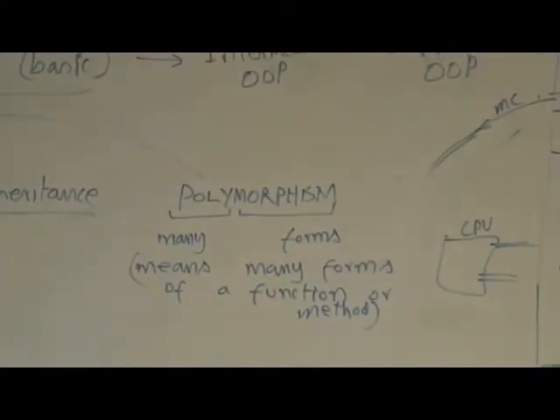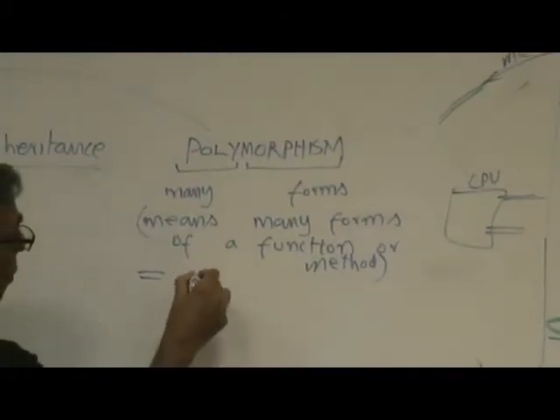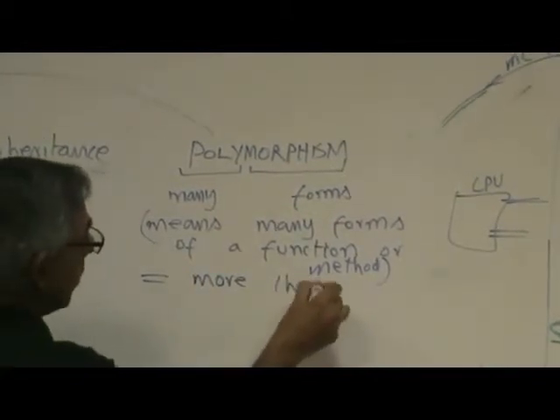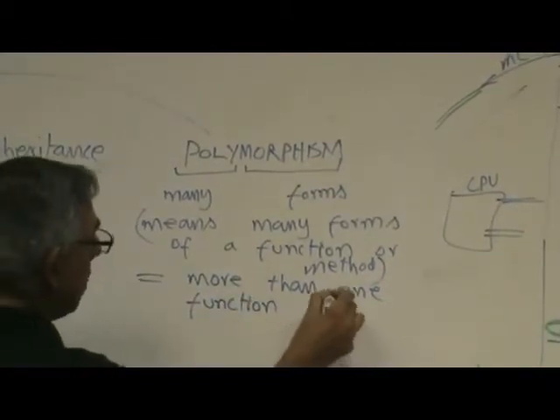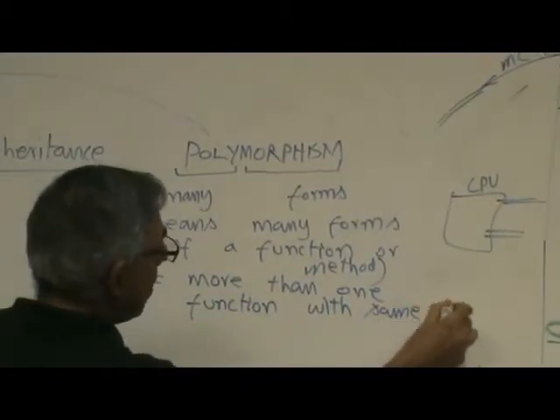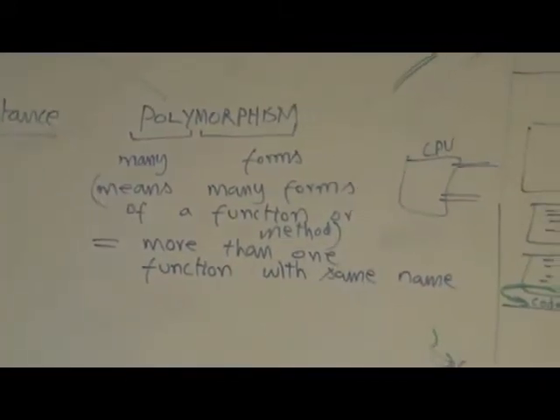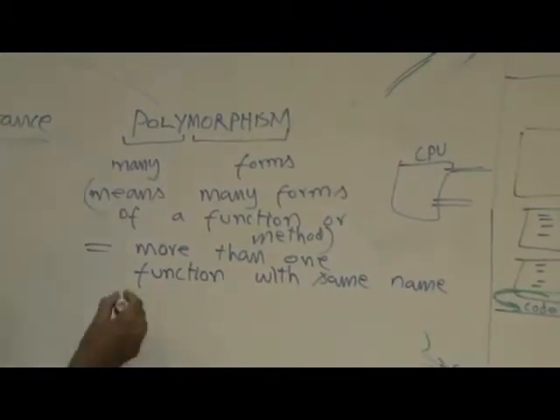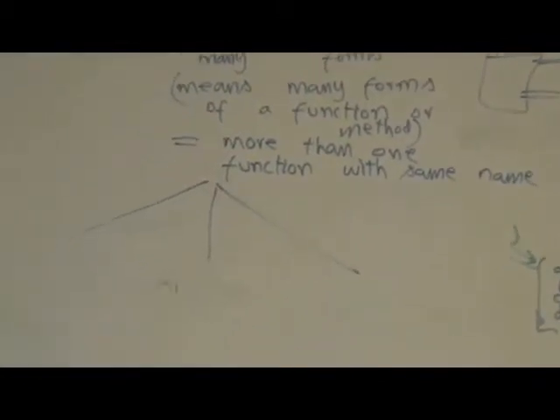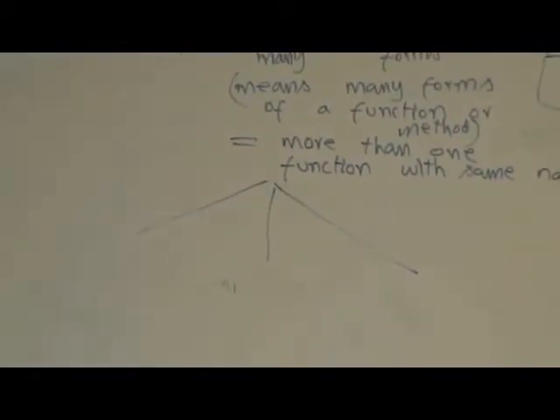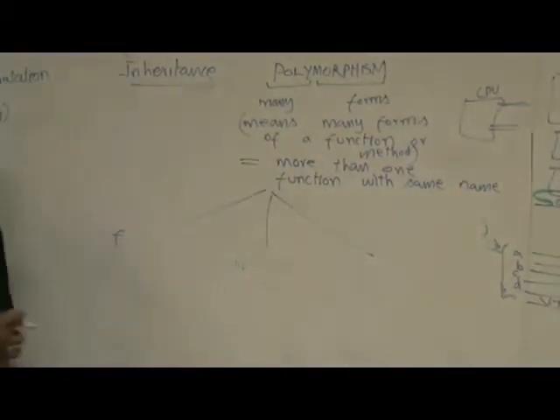Further, what do we mean by many forms of a function? All this means is more than one function with the same name. Technically speaking, even though some people may disagree with me, there are three different categories of polymorphism. You guys have already seen more than one function with the same name.